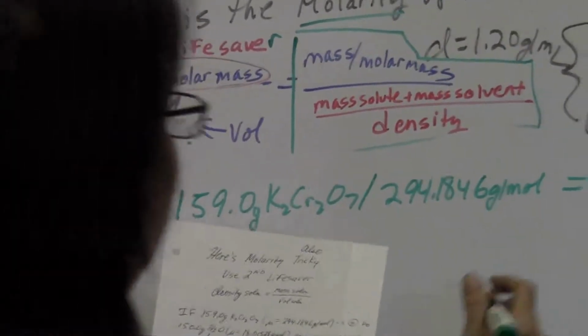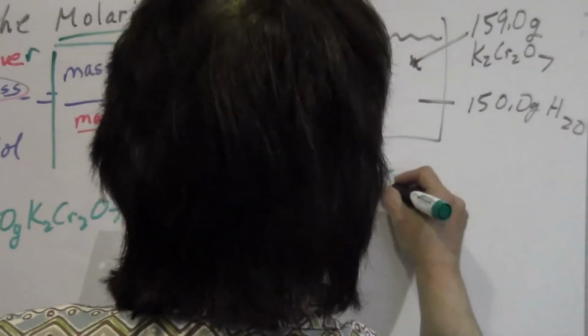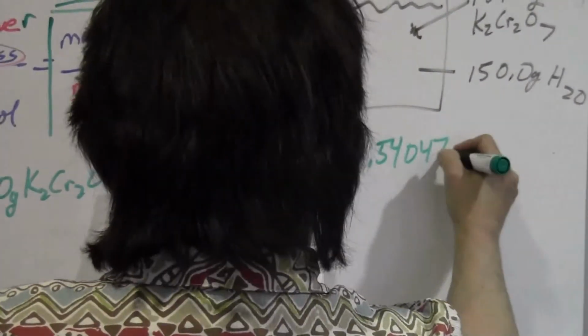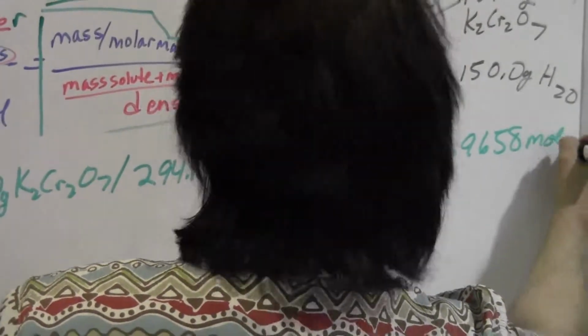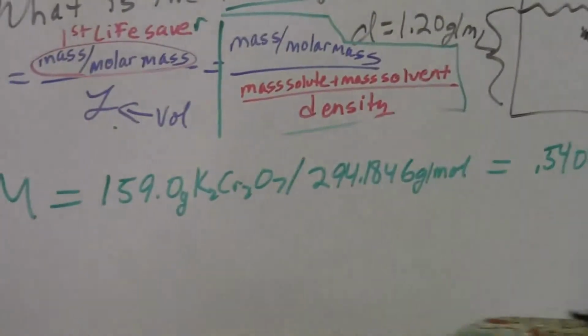When we divide that, we're going to get 0.5404769658 moles. Now let's look at the denominator.